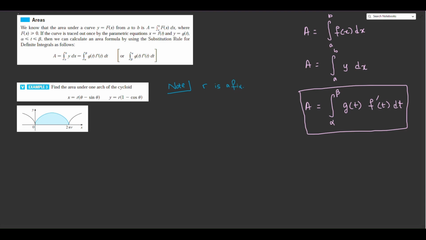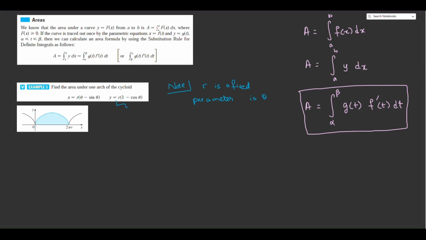It is not going to change, but our parameter is theta. So we are going to do the derivatives and also the integration with respect to theta.